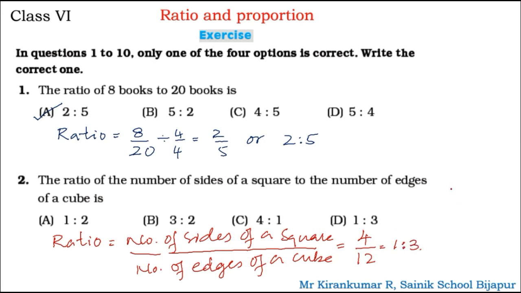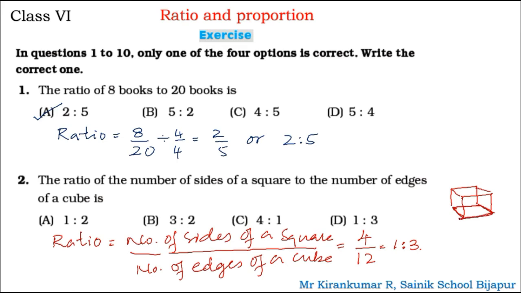You must know that for a square, there will be 4 sides. For a cube, these are the edges, the lines which are ending on each of the surfaces.